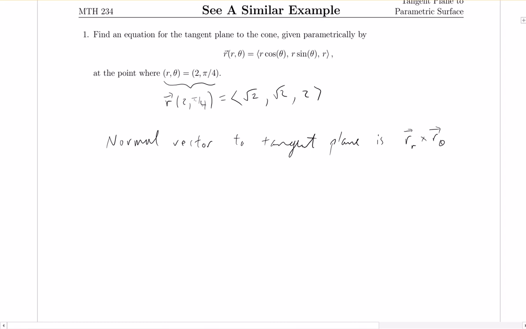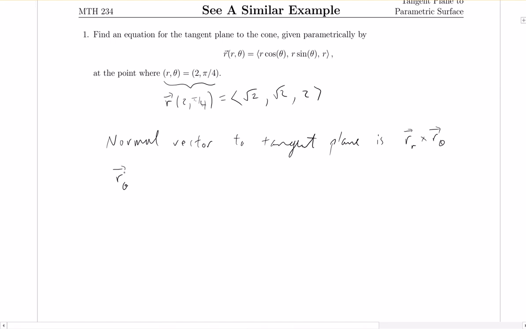This is the same cross product that we compute when we do the integral for surface area. Turns out that this cross product has a geometric meaning. It's a normal vector to the parametric surface. So once we have it, we'll just write the equation for the plane using that normal vector. So let's compute that.